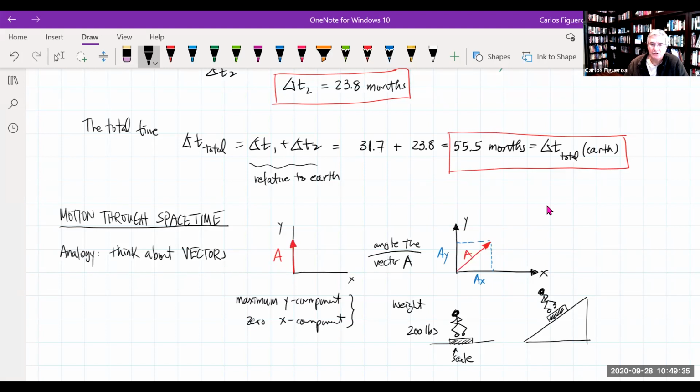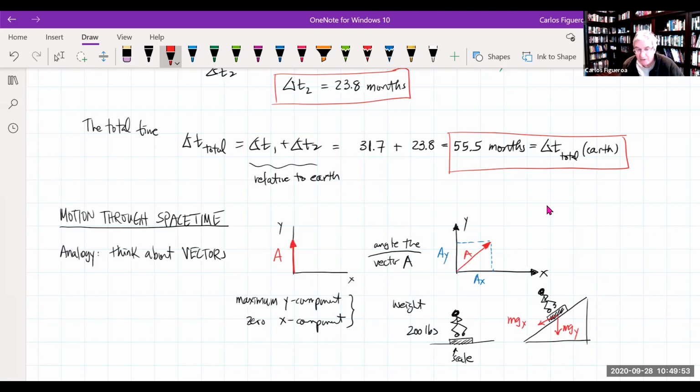Is it going to read 200 pounds? The answer is no. There's a component of the weight that gets distributed in this direction, called mgy, and a component that gets distributed in that direction, which is mgx.